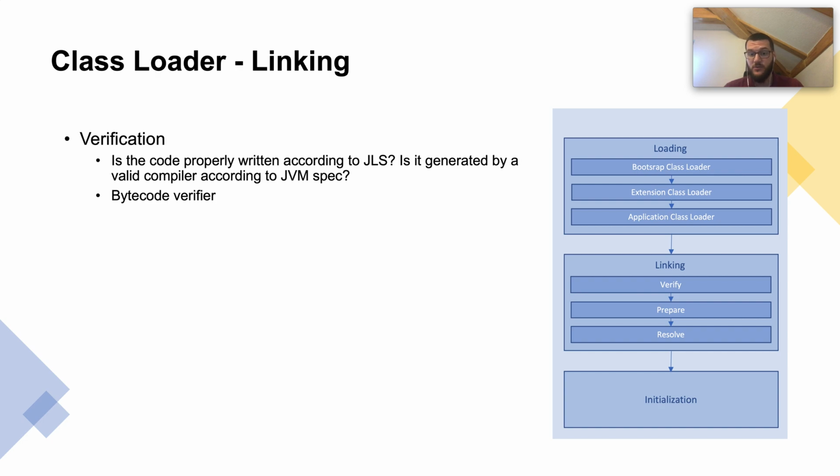It checks bytecode validity and much more. A bytecode verifier is a component that performs this verification. If the verification fails for some reason, the class is rejected and java.lang.VerifyError, I think, is thrown.